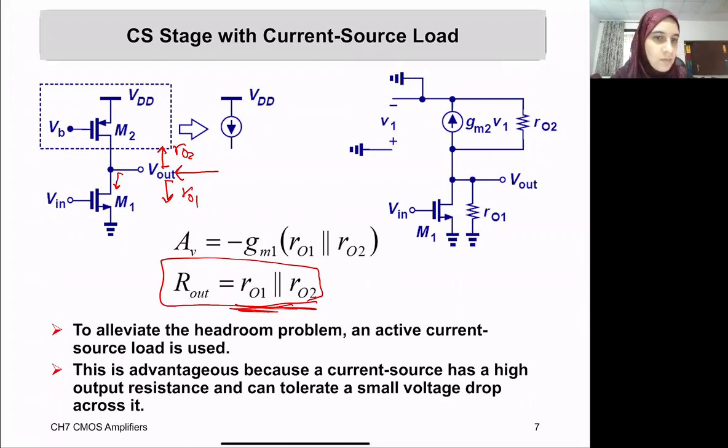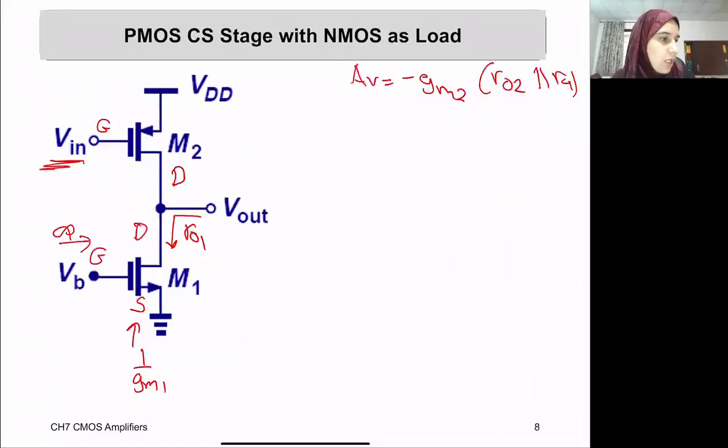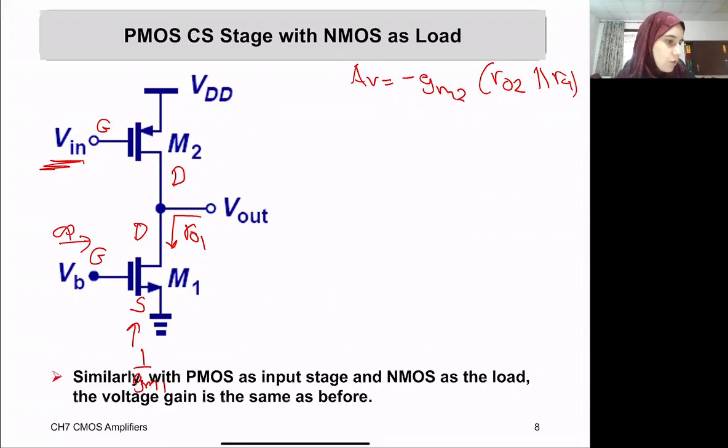So the gain was minus gm1 multiplied with the impedance Rout1, which is down, in parallel with the impedance that you see from up, which was Rout2. So they are the same thing. You just need to make sure where your input is applied, where your output is taken from, and what you see on that load side.